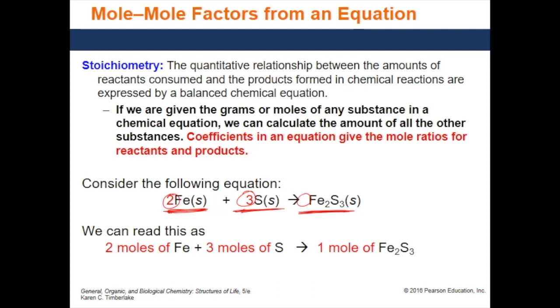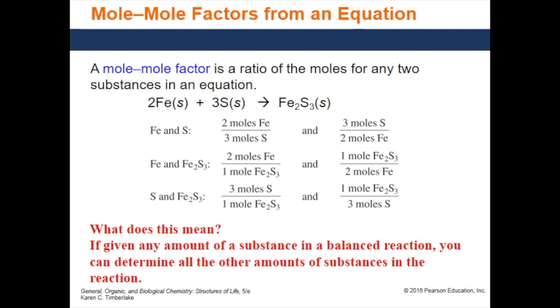If in a coefficient you don't see any number written, you can assume that is 1. Okay. So we can use this as a conversion factor that is known as mole to mole ratio or mole to mole factor.